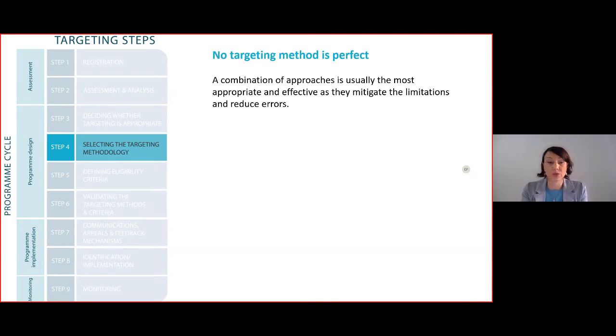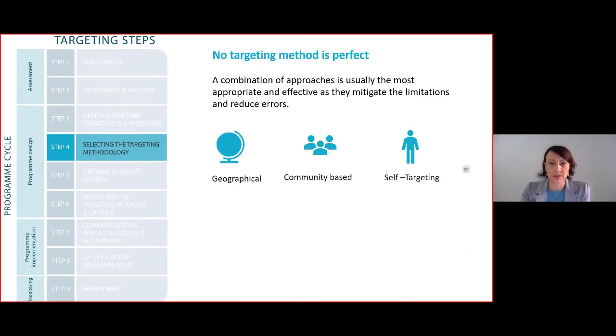We're going to see now a few methods that are used, and based on the Mentimeter response, different methods were used in the operations where the audience is from. Geographical targeting is pretty straightforward.